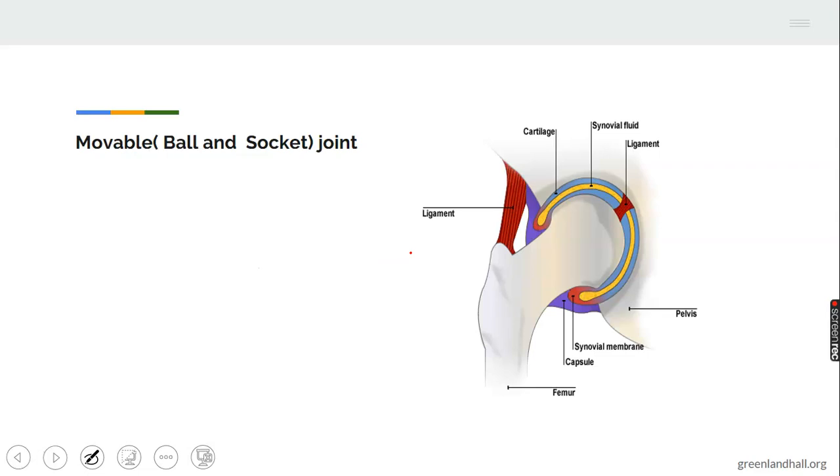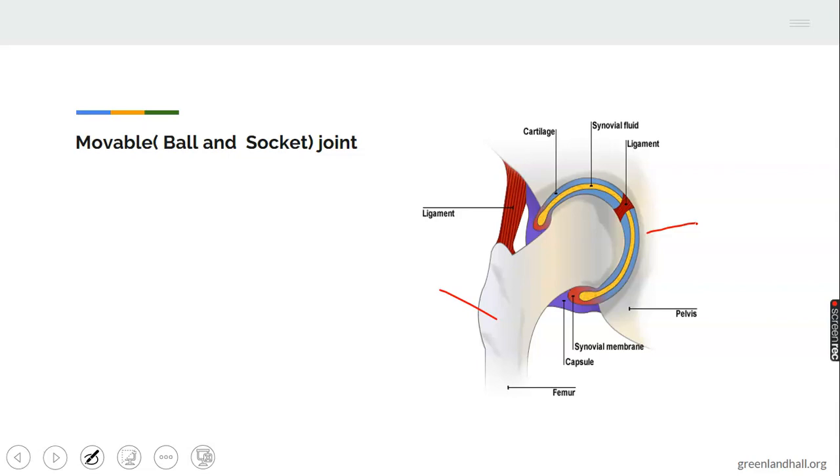Another example of a movable joint is the one called ball and socket. Ball and socket joint can be found in the shoulder, where the femur fits into the glenoid cavity here to form a ball and socket.